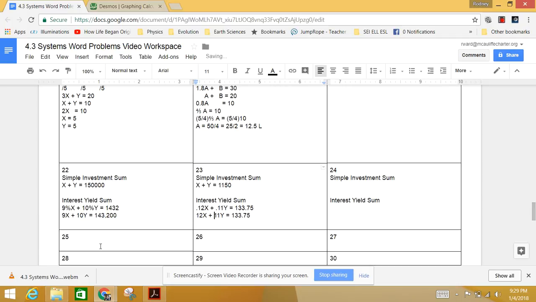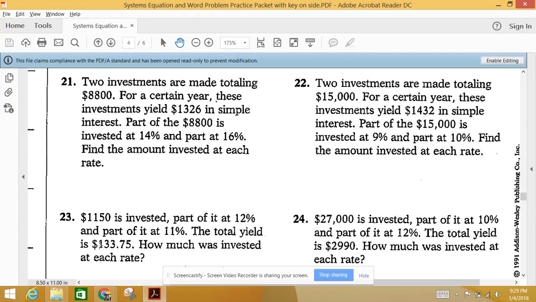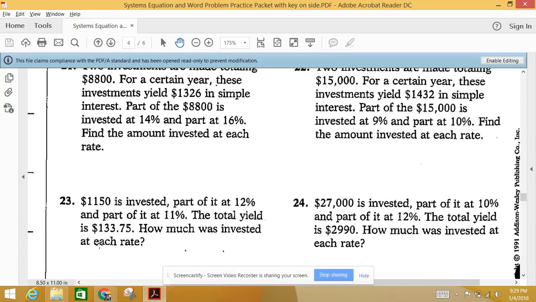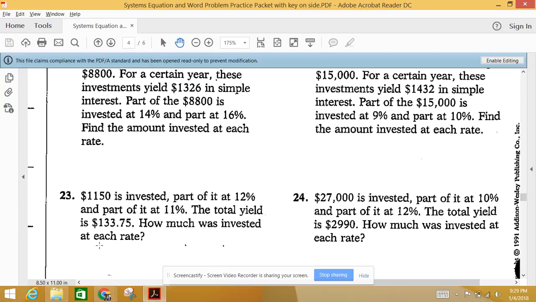And I get 12x plus 11y equals 13,375. Okay, if that made sense, go ahead and solve that one. And I recommend you pause the video if you have not done 24 yet. If you've already done the setup for 24, you can just continue on.